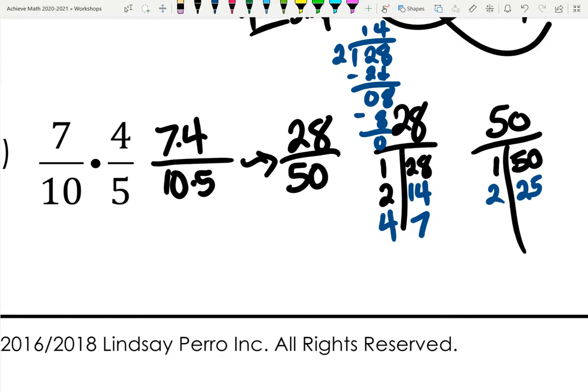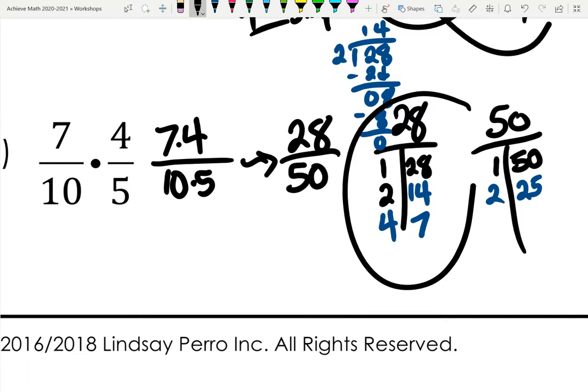I would continue my lists, and I would examine that there's not a lot of space between 4 and 7. It could either be 5 and 6. Well, 5 doesn't work, 6 doesn't work. So let me go ahead and check my Venn diagram.